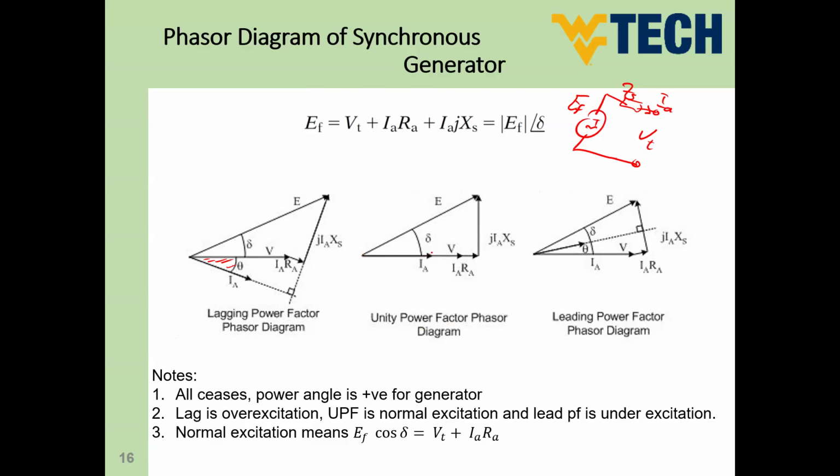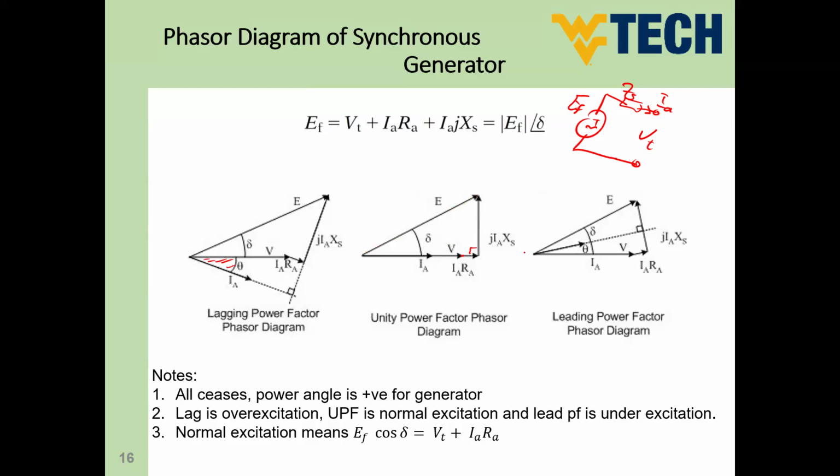So this means, guys, if you draw the phasor diagram, this is going to be V terminal. IARA is going to be in the same direction. So this is IARA, and this is here JIAXS. So again, it's right angle on the IA direction. And the summation is going to be the induced volt.